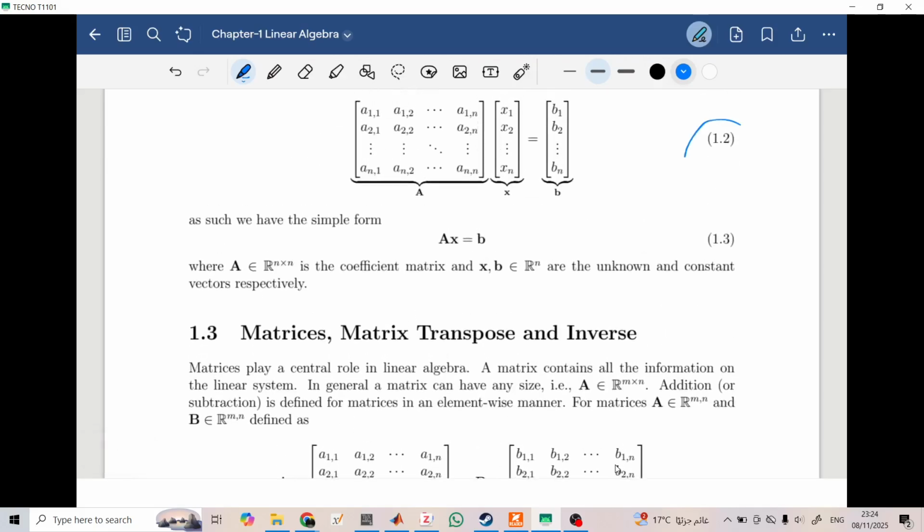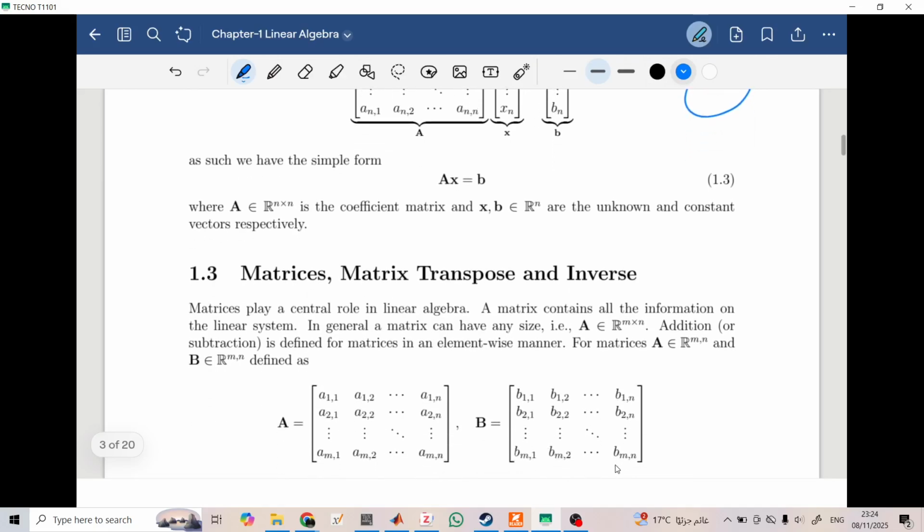In equation 1.2 we have a general system of equations: n equations with n variables. Now note this notation: A belongs to R to the power n cross n, which means the space of matrices. Every point in this space represents a square matrix that has n rows and n columns.